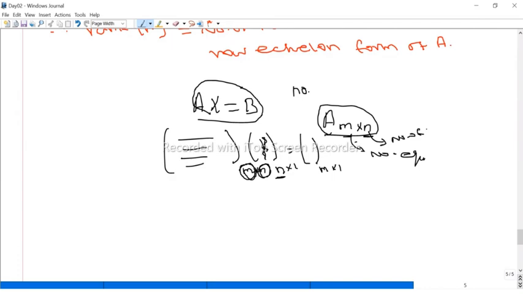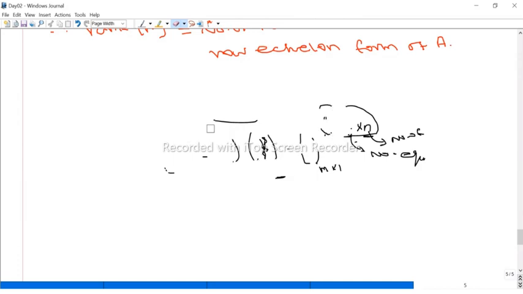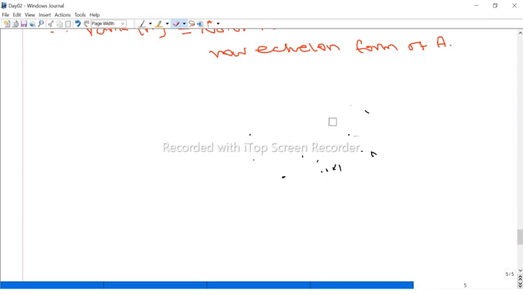Now, suppose we have a system of m equations in n unknowns. Therefore the matrix equation is Ax equal to B, where A is an m by n matrix. We will now discuss when this system has no solution, a unique solution, or infinitely many solutions.